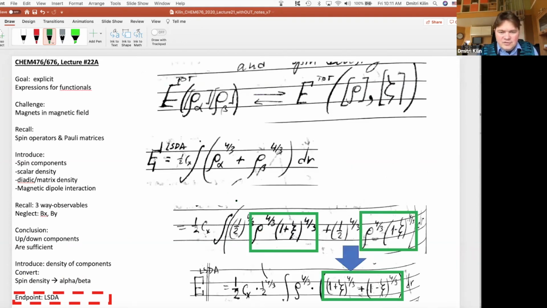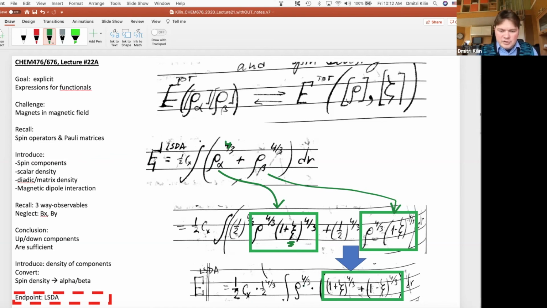So if one plugs rho alpha to the power 4/3 and represents it in terms of the spin polarization parameter, and does the same for rho beta to the power 4/3, then one can make a functional for spin density.